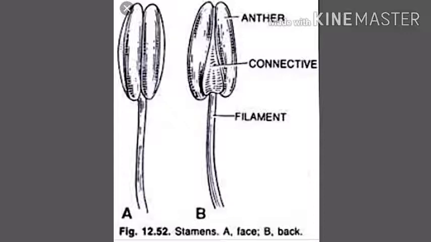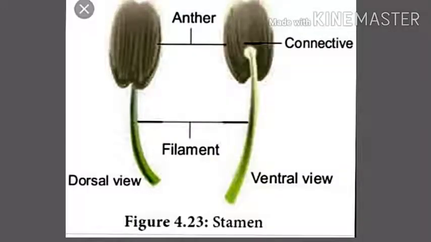The filament, it is a long slender stalk of the stamen. It is known as filament. It supports the anther lobes. It raises anthers for pollination.